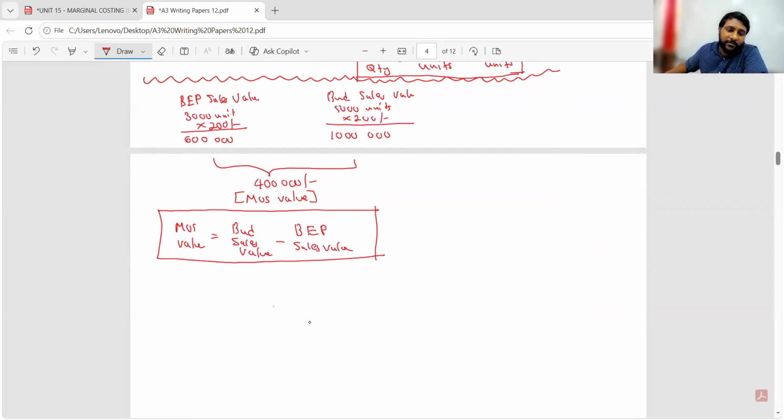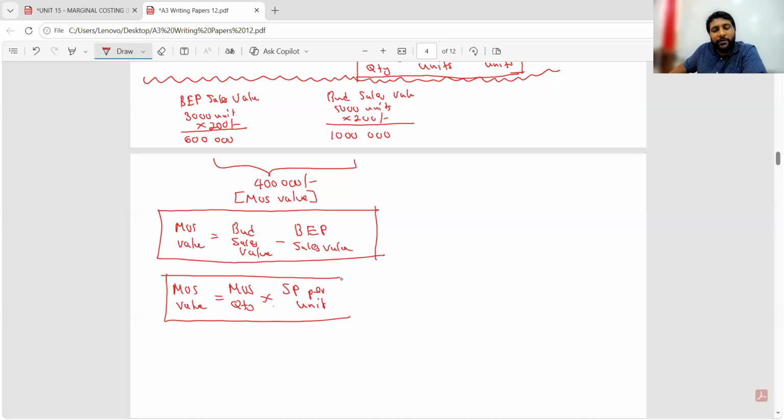Write this down also. Margin of safety value equals margin of safety quantity into the selling price per unit. These formulas I am not giving, you are creating them. A formula by Almas. Margin of safety quantity 2,000 units, selling price per unit is 200, so 400,000.